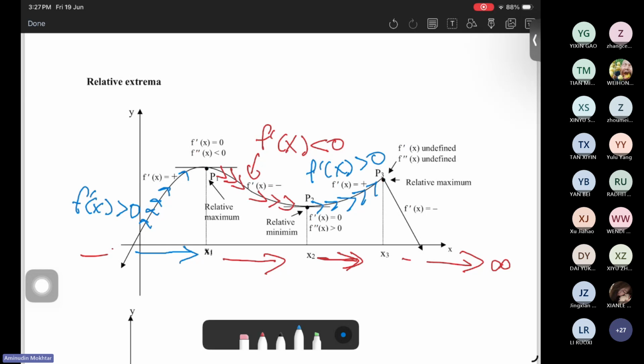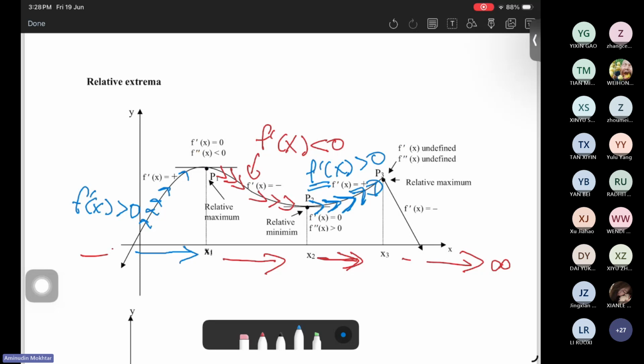When the function is decreasing, showing that the first derivative is negative, as x increases from x1 to x2 the value of the function decreases. In other words, from x1 to x2 the function is decreasing. Then from x2 to x3, the function is increasing again, so the first derivative is positive, and so on.